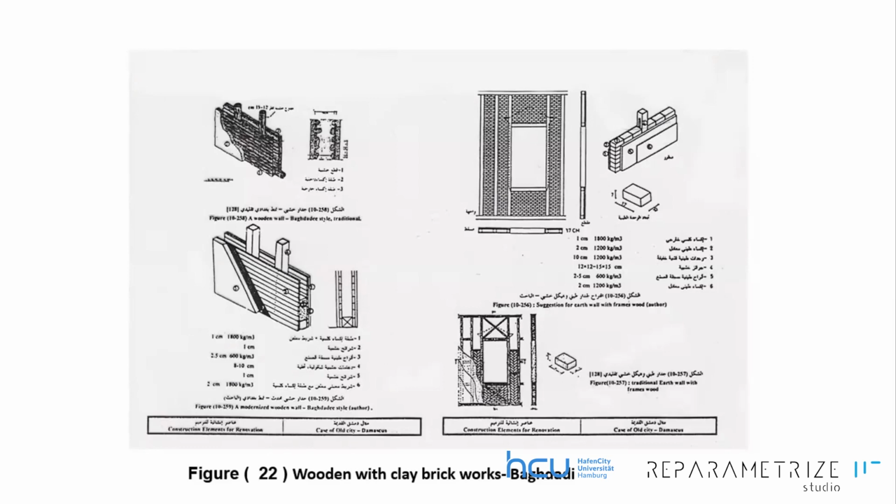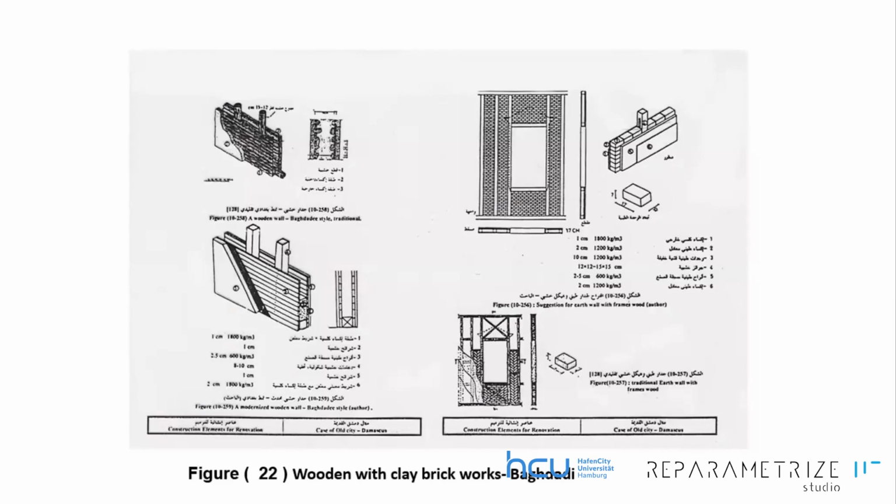and it's called Baghdadi. This Baghdadi comes from Baghdad, from Iraq. This kind of wooden structure is very important and very common in traditional structure.